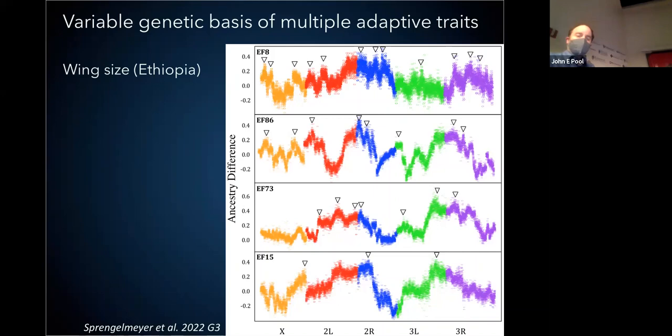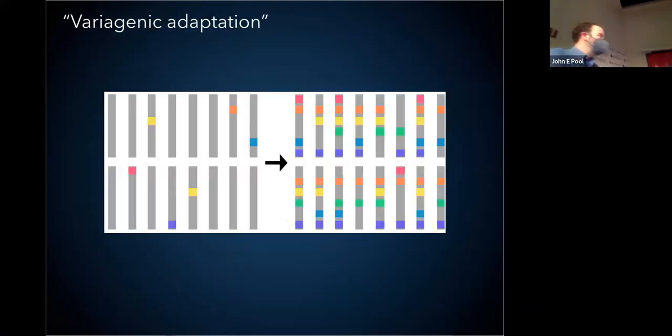And so what we're seeing over and over again is this pattern of a genetically variable basis of adaptive trait evolution, which may reflect an abundance of genetic variation to select upon, and a scenario where not all of that variation needs to be fixed in order to get a population to its new optimum or threshold value.